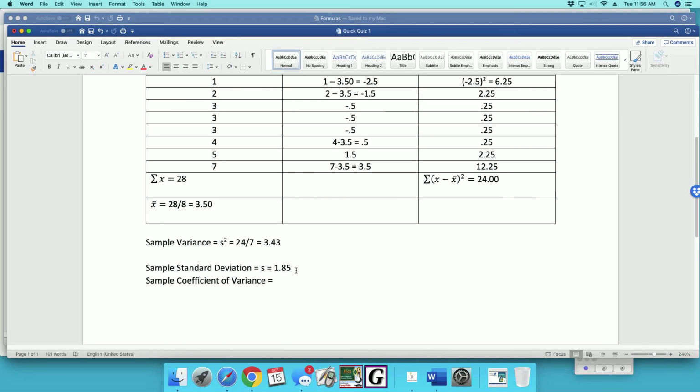So this is 1.85 divided by my x bar, which is 3.5, times 100. And my coefficient is 52.86.